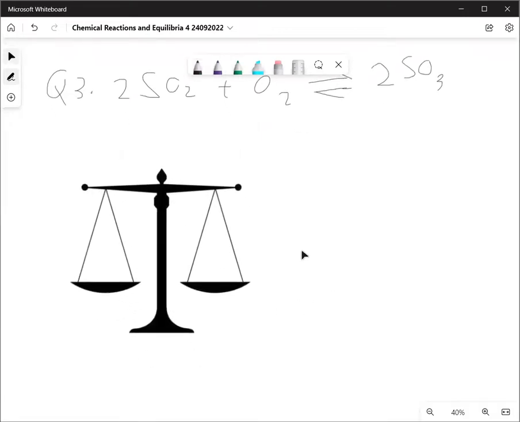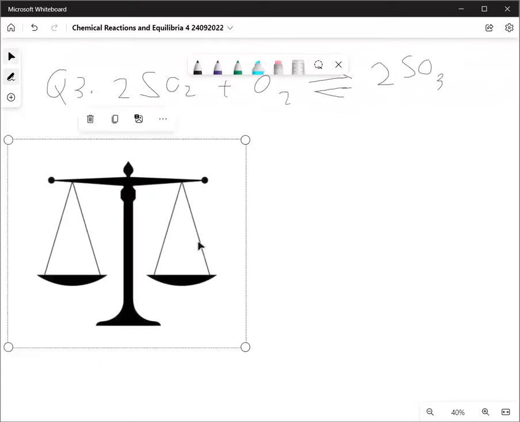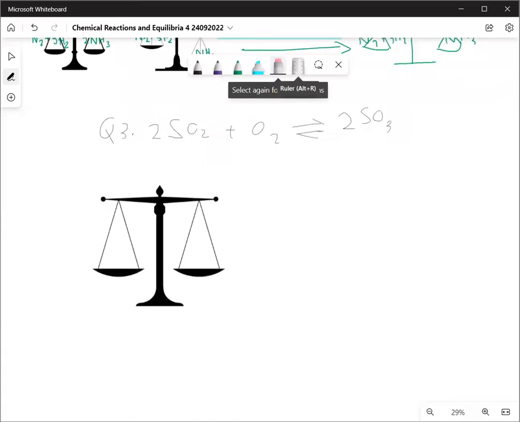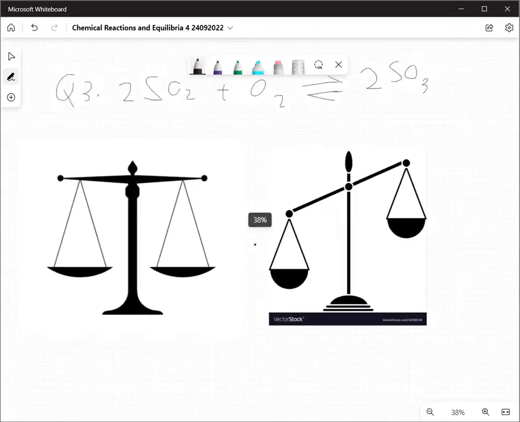Now look, this is your thing again. It's balanced. Now what do you tell me? Let's say I increase SO2, the side with 2SO2 plus O2.